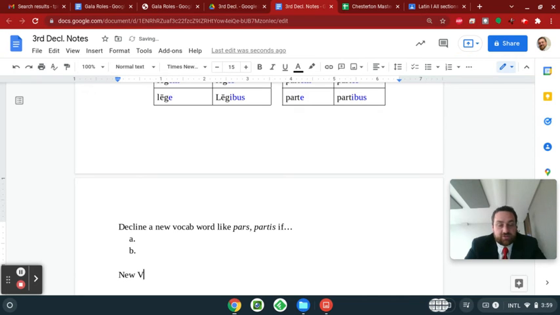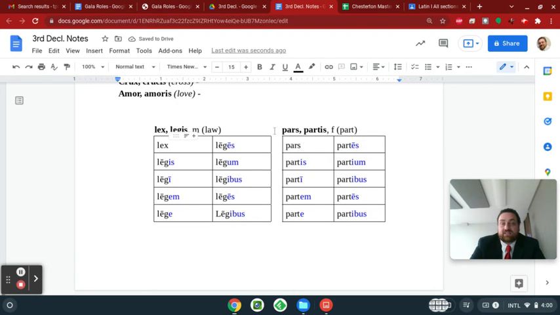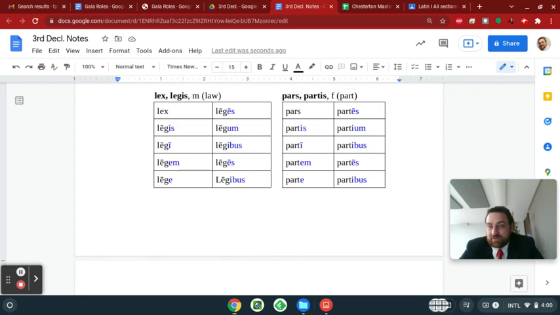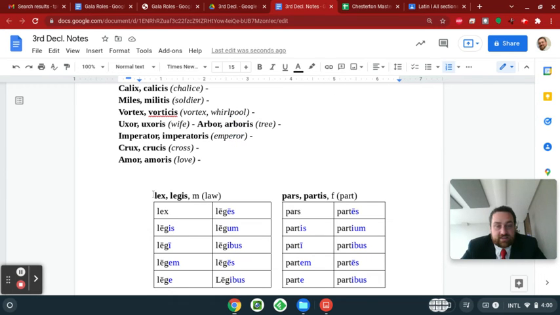Then we're going to look at some new vocab and determine whether we will decline it like lex legis or like pars partus, okay? So here's the first one. Decline a new vocab word like pars partus if the nominative singular and the genitive singular, those two first forms that we see, like if we were to look up a word in a dictionary, this is the dictionary form, lex legis, pars partus.